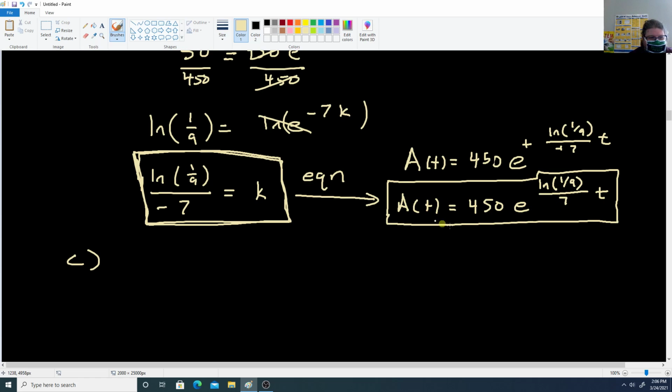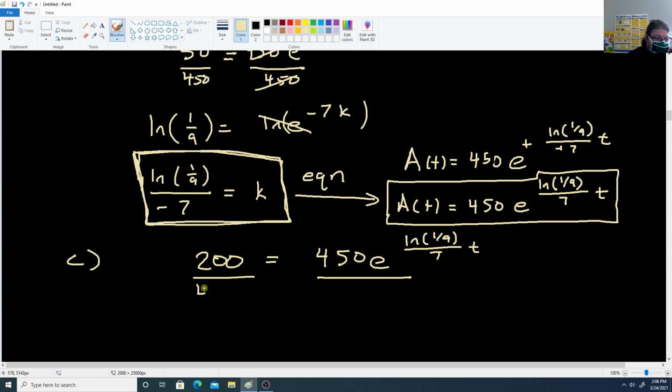So here's the equation that we generated using part B's information. They want to know when the amount present is 200. And then we got to solve all of this for time. So we divide both sides by 450.